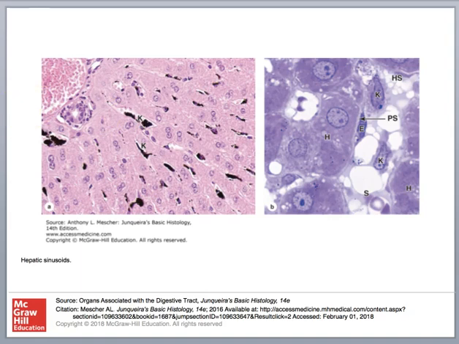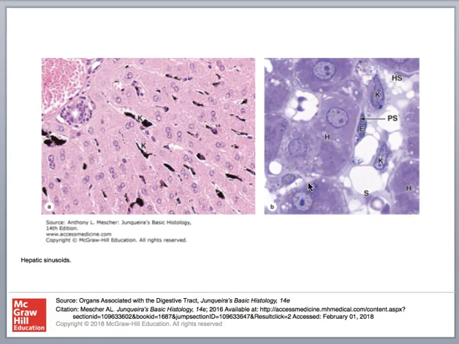And the panel on the right, panel B, is a super high magnification of adjacent hepatocytes around a sinusoid. So the sinusoidal space is labeled S, and this is the area between this row of hepatocytes on this side and this row of hepatocytes on this side.